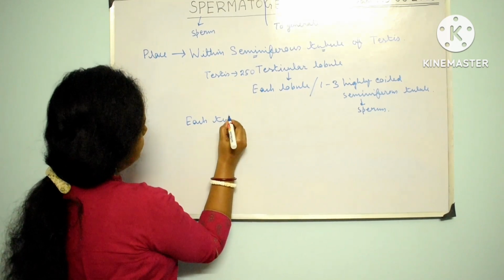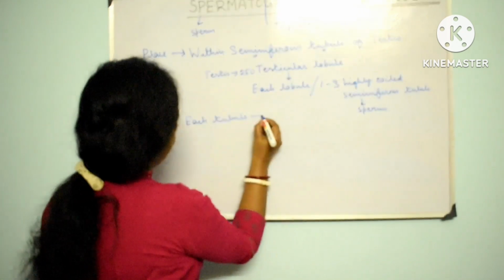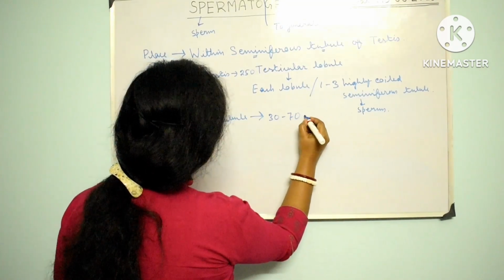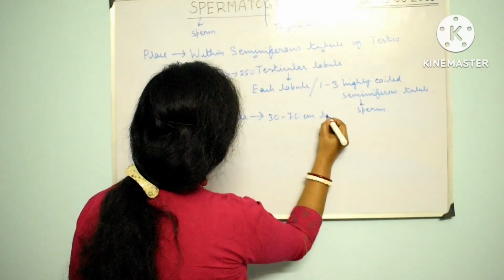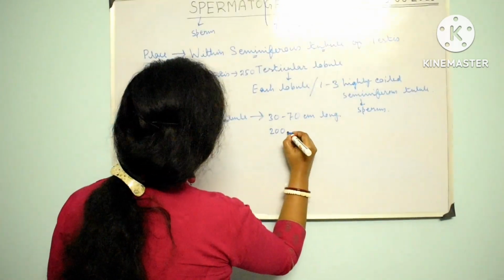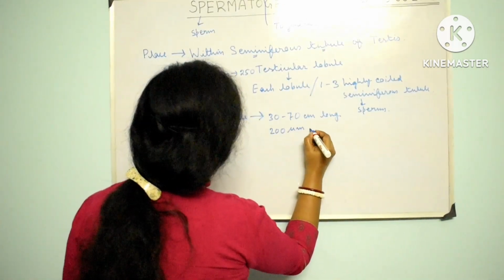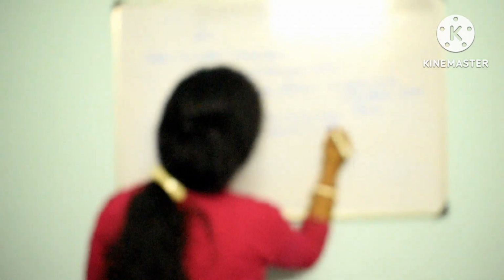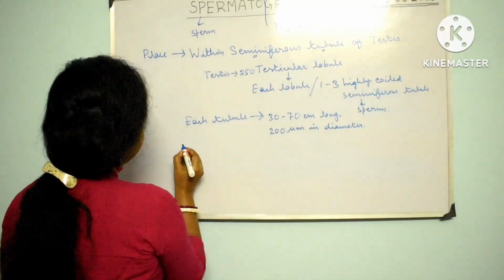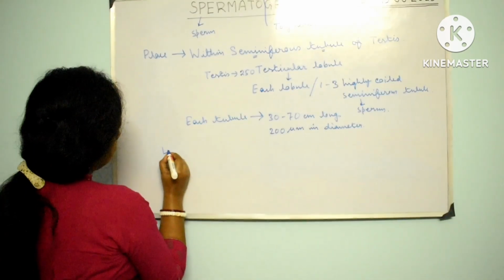Each seminiferous tubule is about 30 to 70 centimeters long and almost 200 micrometers in diameter.